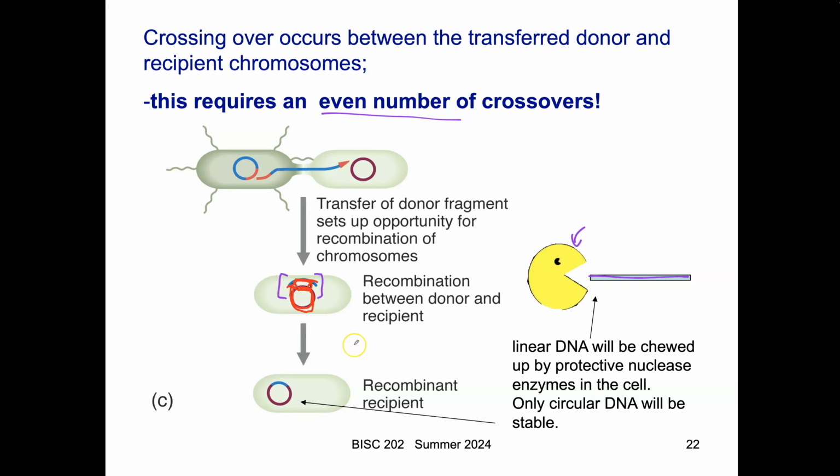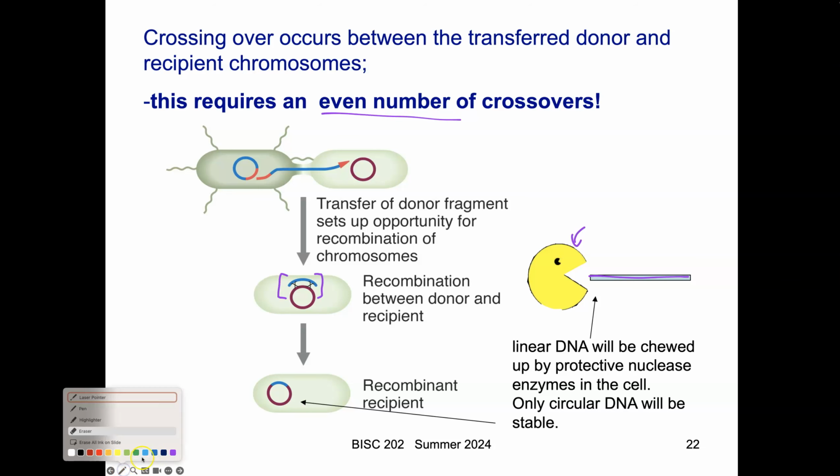The little bits of linear DNA that are left over, because there will be some that have some of the host chromosome and the donor chromosome in them, that part gets chewed away. So at the end of the process, you're only going to have just the circular chromosome.